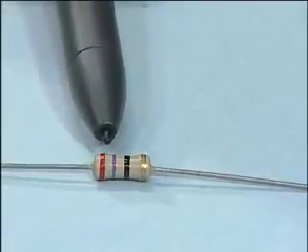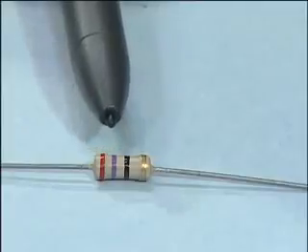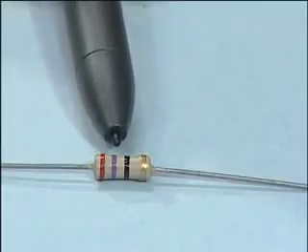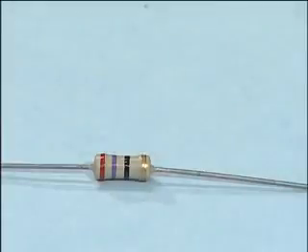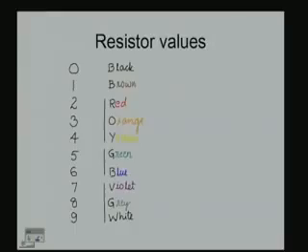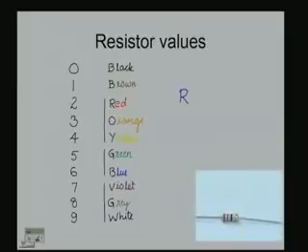Now, the first band represents the first significant digit, the second band the second significant digit, and the third band is the multiplier, 10 to the power of something, whatever that color represents. So, here for example, if we take that particular resistance, the first band is red, the second band is violet, and the third band is black.